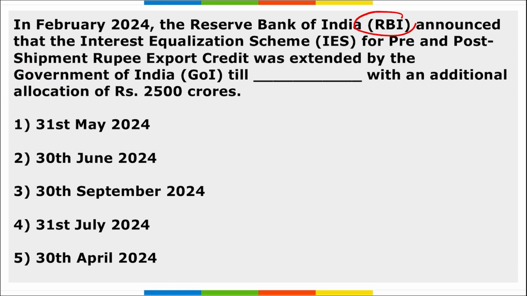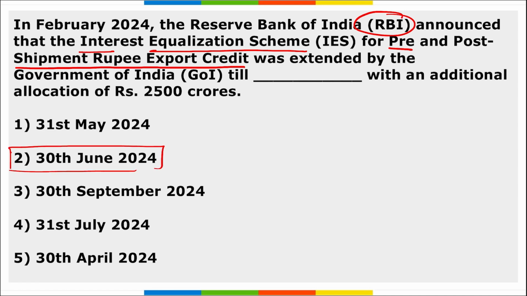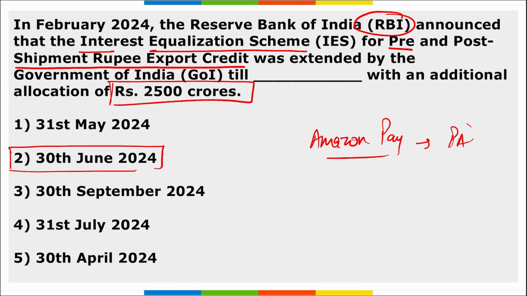Next, RBI announced that the interest equalization scheme for pre and post shipment rupee export credit was extended by the Government of India till 30th of June 2024 with an additional allocation of 2500 crore rupees. Then apart from this, remember, Amazon Pay recently got the payment aggregator license from RBI.